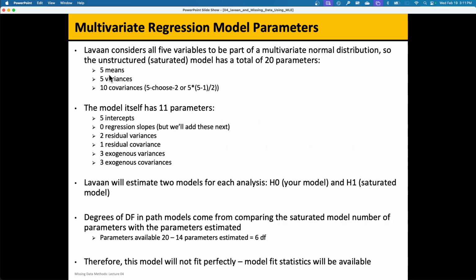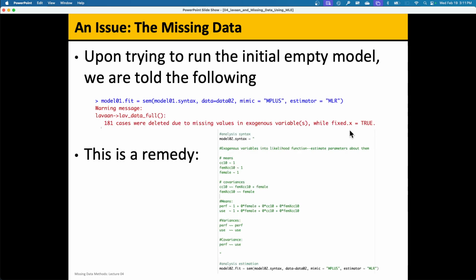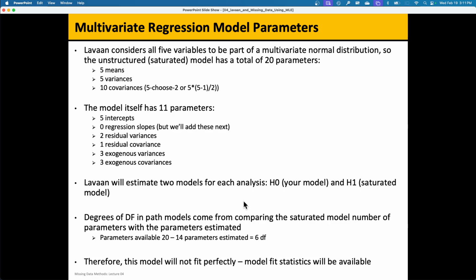Right? I have, if you think about these 5 variables that are in the likelihood, when I bring these into the likelihood, 5 variables, right? It's going to assume multivariate normal, even though it shouldn't, particularly for the interaction or for the female variable. But it is. And with 5 variables in a multivariate normal distribution, that means I have 5 means.